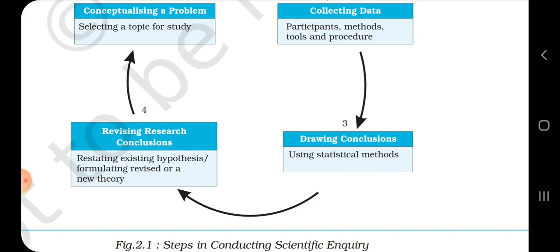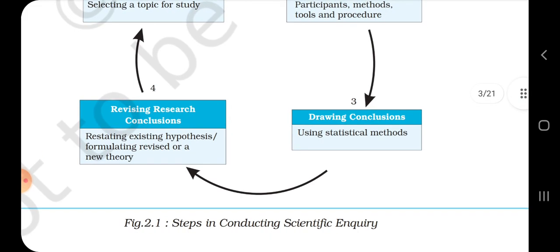Now coming to step 4, that is revising research conclusions, that is restating existing hypotheses or formulating a revised or new theory.